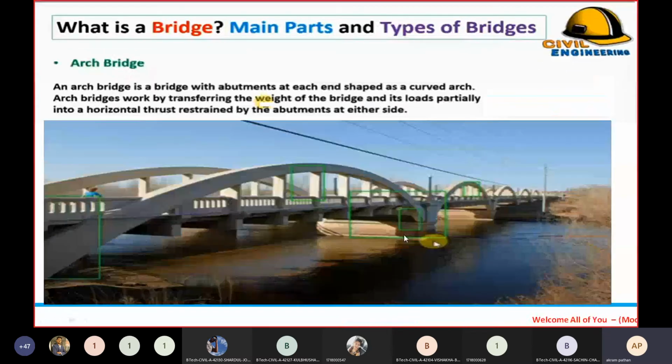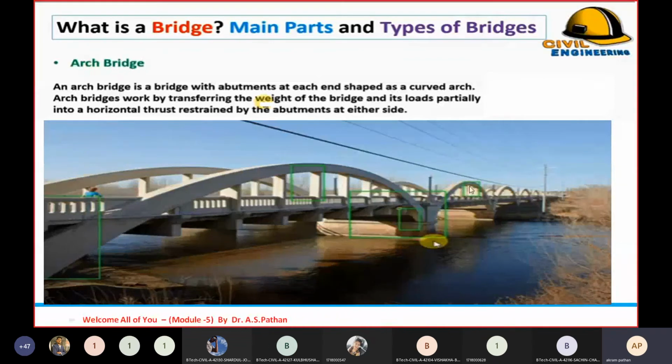Okay. Then the arch bridge will be there. As far as the arch bridge is concerned, an arch bridge is a bridge with abutment at each end, shaped as a curved arch. Such kind of arch we are going to construct. So at the end of this arch we have again piers.